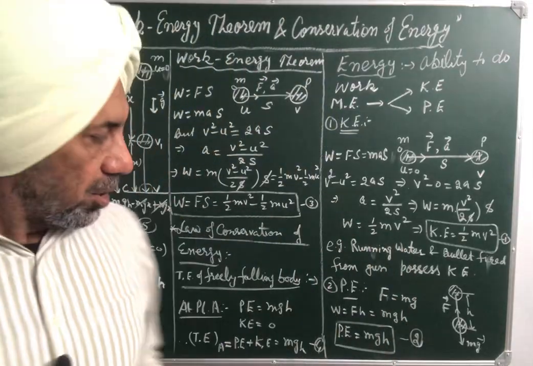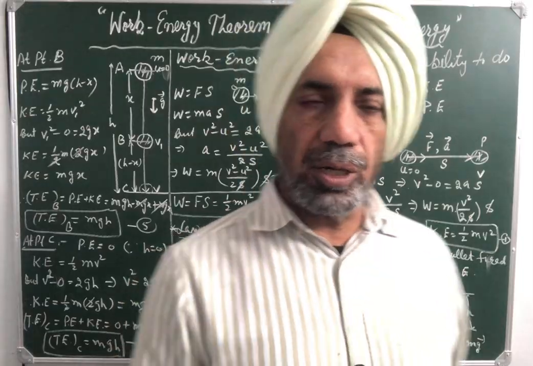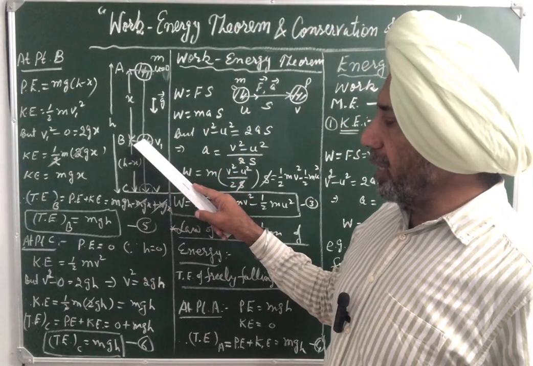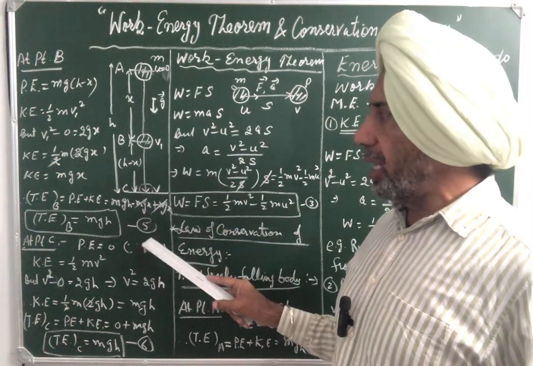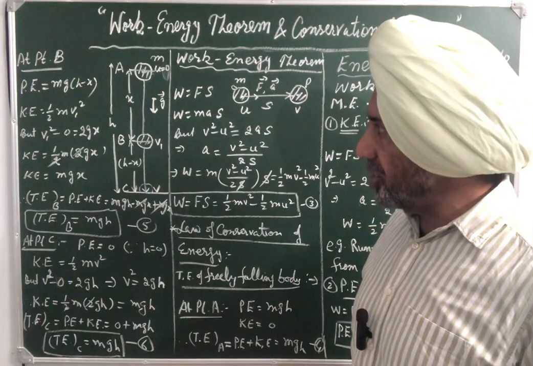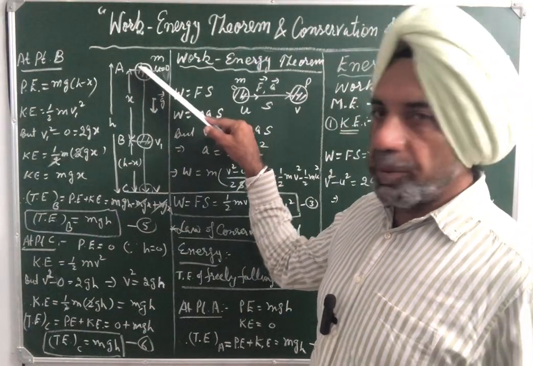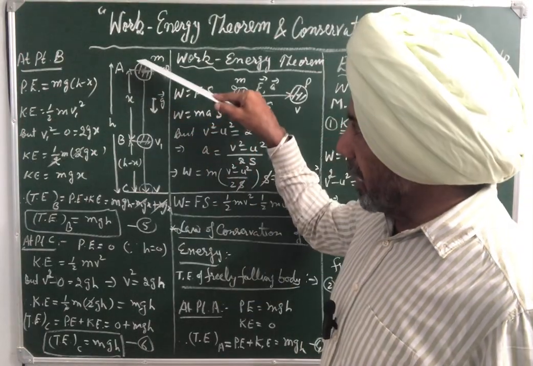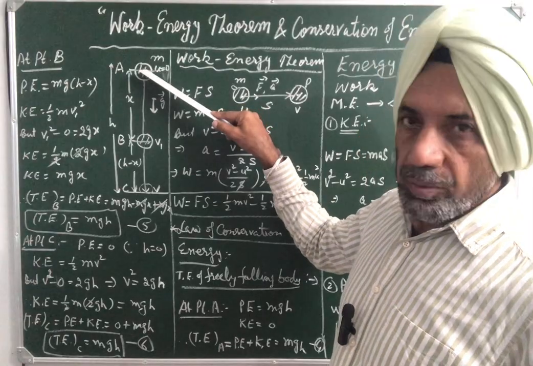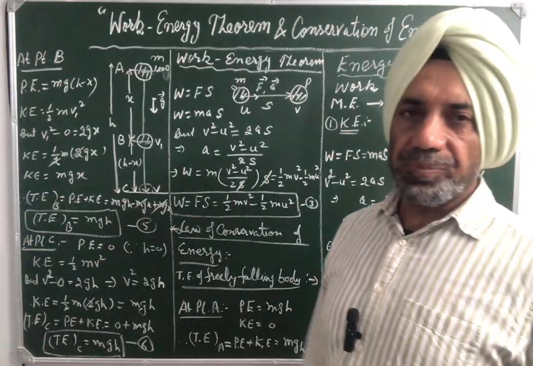So from equations 4, 5 and 6, we conclude that the total energy at A, B and C of a freely falling body under the effect of gravity is always constant and it is equal to mgh. It means one form of energy is being converted to another form. Potential energy mgh is being converted into kinetic energy. When the body falls down, kinetic energy increases and potential energy decreases.